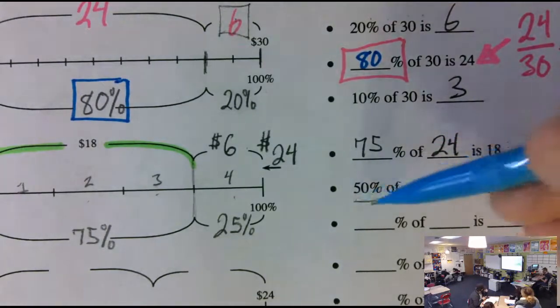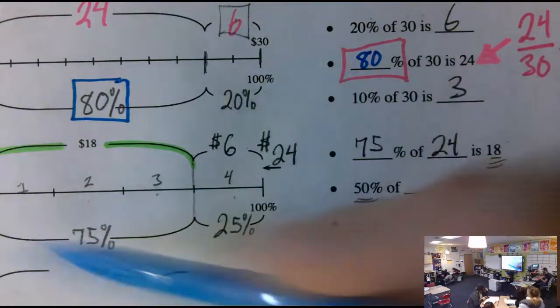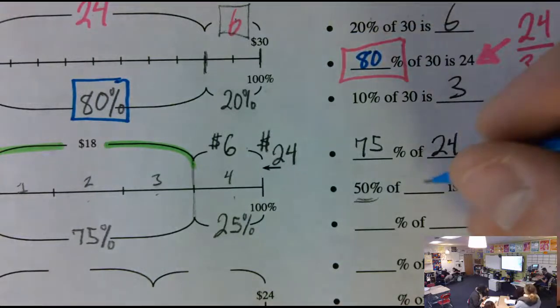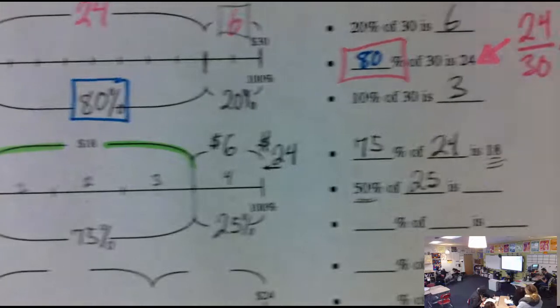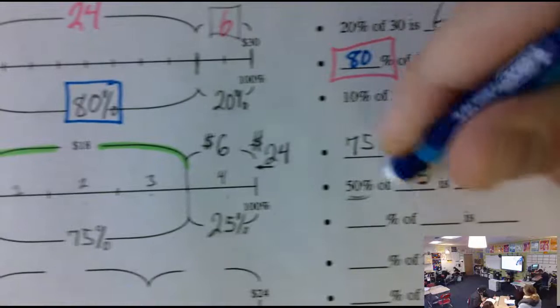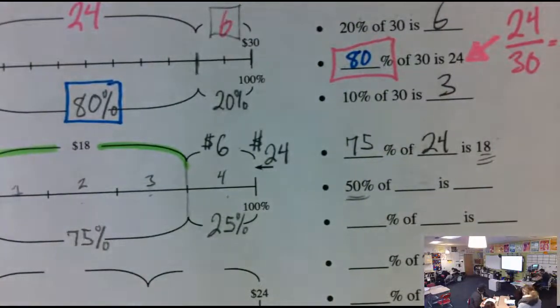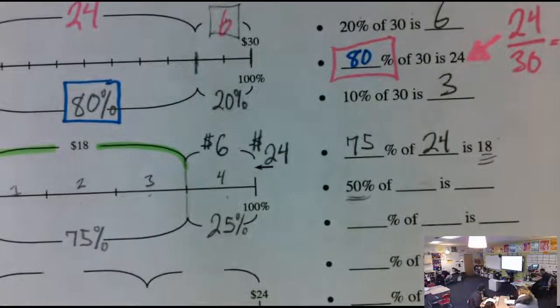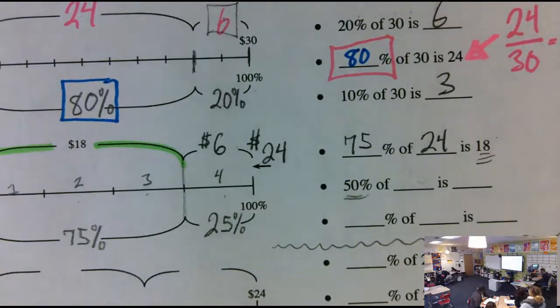Ooh, 50%. We don't really see that over here, but what's 50% of 24? Sorry, my brain is debating how it actually is working us through this. Because really, this is supposed to split right there.